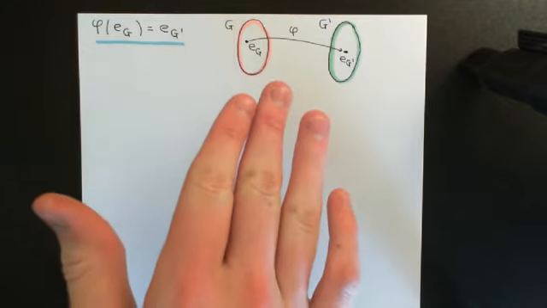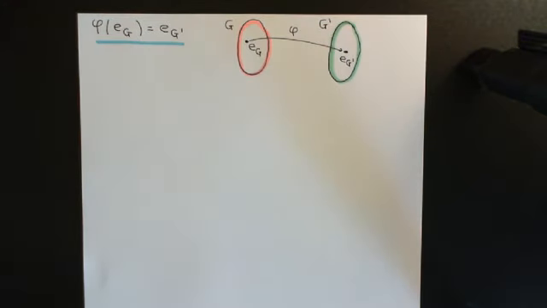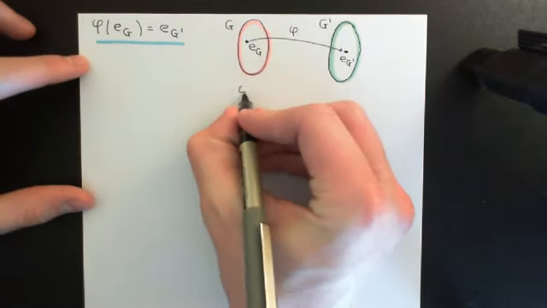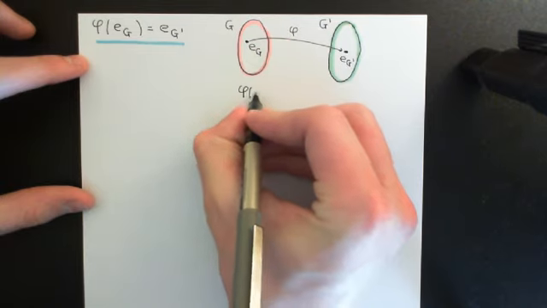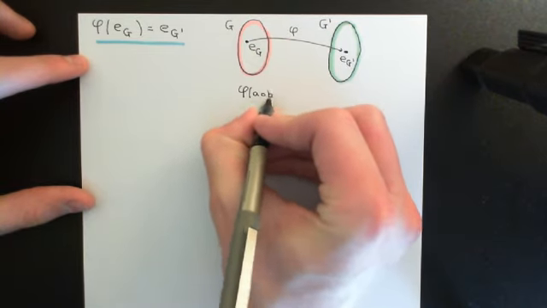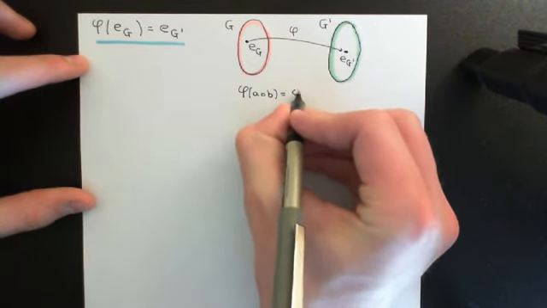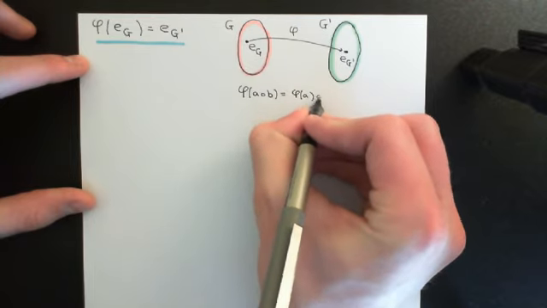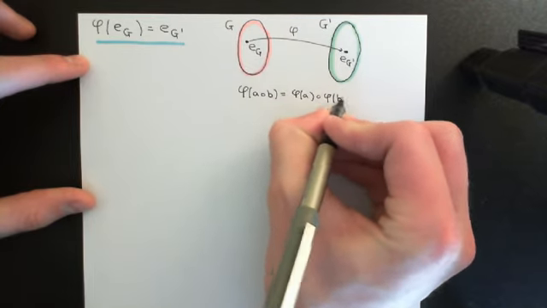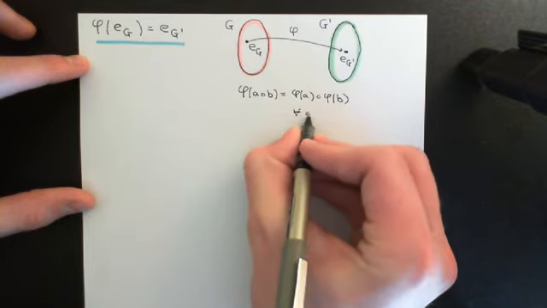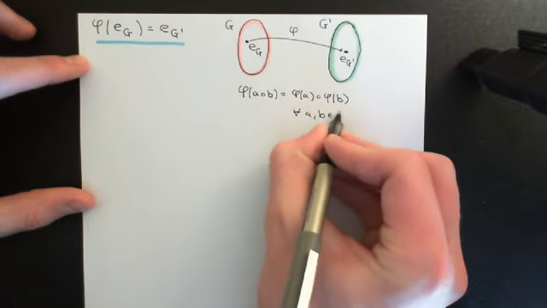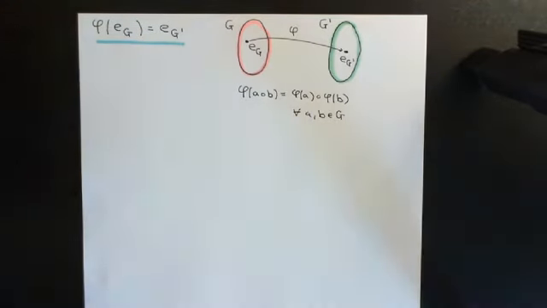Now, how are we going to prove this? Well, the only thing that we can possibly use, because it's the only thing that we're given, is that property of homomorphism. So somehow we have to use the fact that phi of a composed with b is equal to phi of a composed with phi of b for all little a and little b elements of the group capital G, the domain group.